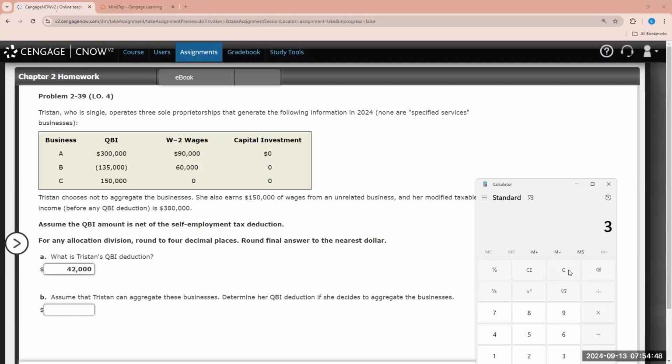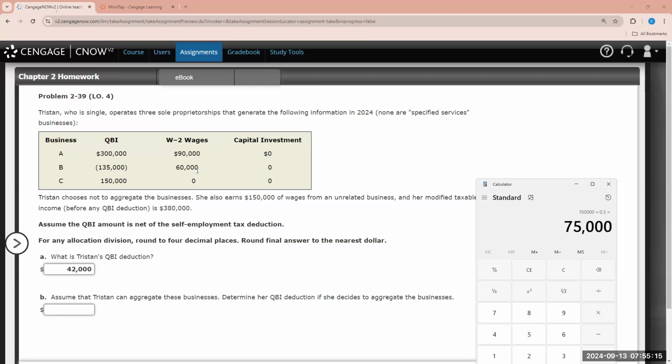300,000 minus 135,000 plus 150,000, that gives us 315,000. If we multiply it by 20%, that gives us 63,000, which we would compare to 50% of the W-2 wages. So the W-2 wages are 90,000 plus 60,000, which gives us 150,000.